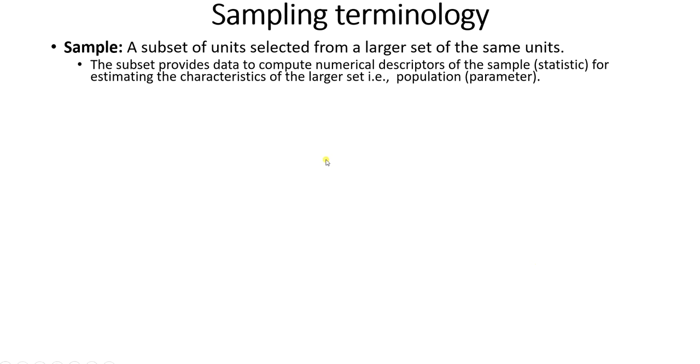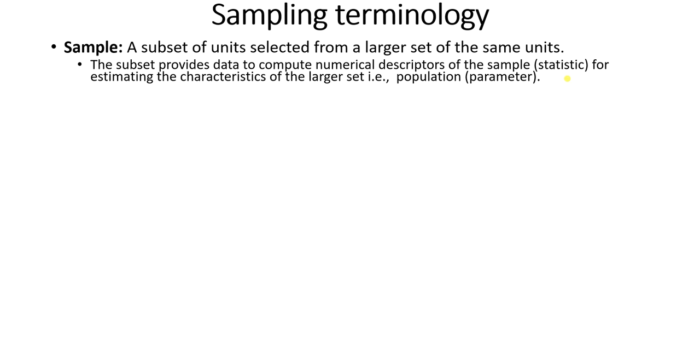So this sample, that is the subset, provides data to compute the numerical descriptors of the sample. So we calculate the mean, median, or other numerical descriptors on the sample, and those numerical descriptors of the sample are called statistics.